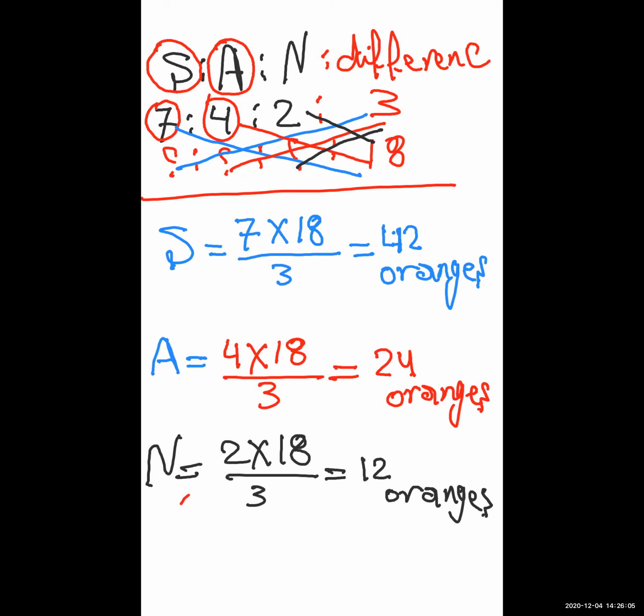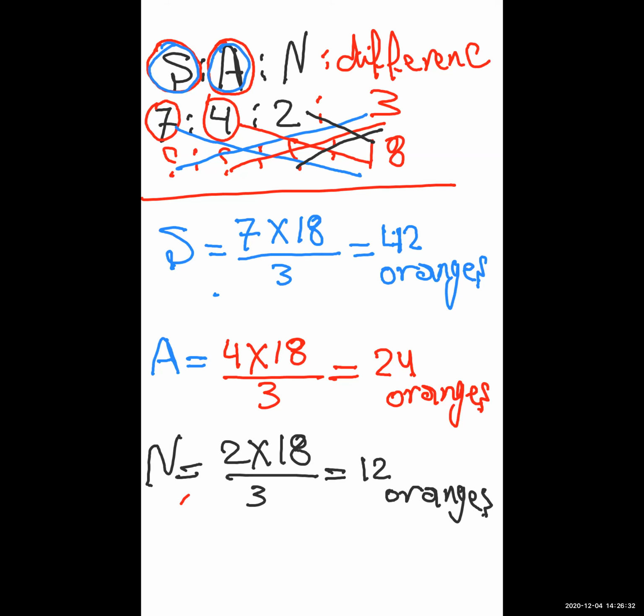So if the share of Sally exceeds the share of Abir, the difference will be between Sally and Abir. So I have to add one more field, which is the difference between Sally and Abir.